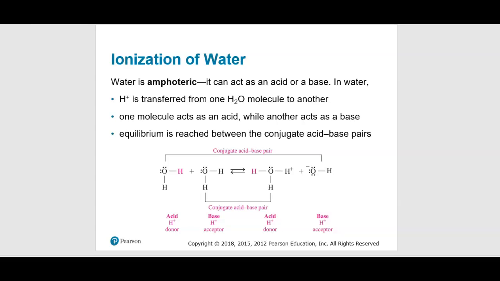And you see in the reaction two water molecules reacting, and those are the reactants, and the products are a hydronium ion, H3O plus, and a hydroxide ion. This is a classic case of an amphoteric substance. It's one of water's fairly remarkable properties. Water is a rather remarkable substance. It has quite a few properties that make it essential for life, that make it possible for life to exist.